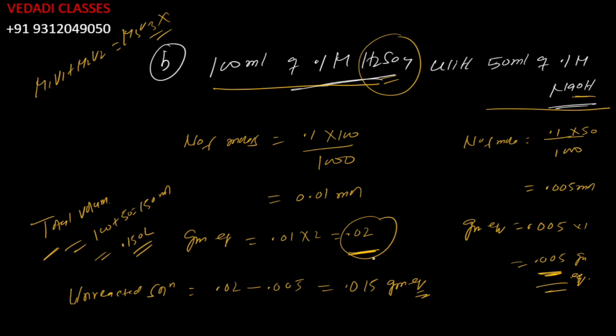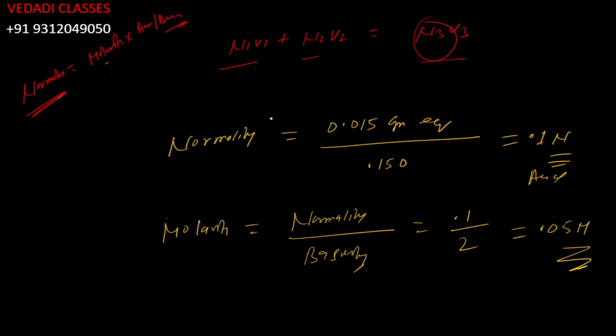In this case, acid is more, so the resultant gram equivalent is considered acidic, and you can find out the normality: gram equivalent upon total volume of the solution. Once you get the normality, use this formula and you will get the molarity as well. So more or less we have covered all the types of questions from molality, molarity and normality.